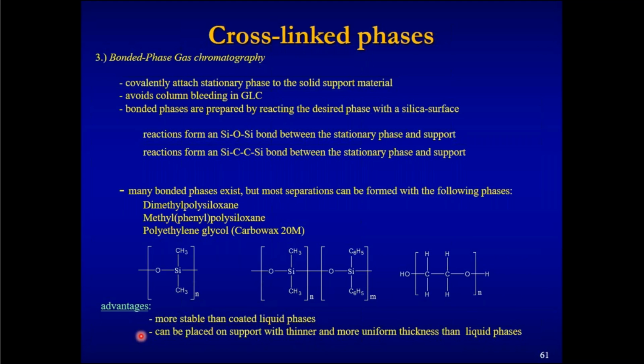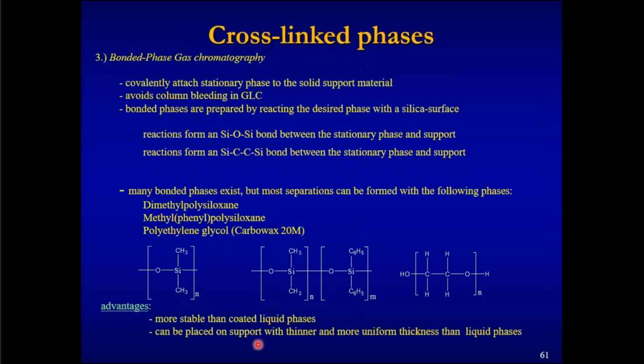The advantage of these bonded phases is that they are more stable than coated liquid phases. I have been telling you that, so I'll not repeat it here, because coated phases can lead to bleeding. These are not. They can be placed on support with thinner and more uniform thickness than liquid phases. This is true because there is a covalent bonding between the support and the stationary phase. So if one molecule can bond, then it will always be one molecule, so you get uniform thickness.